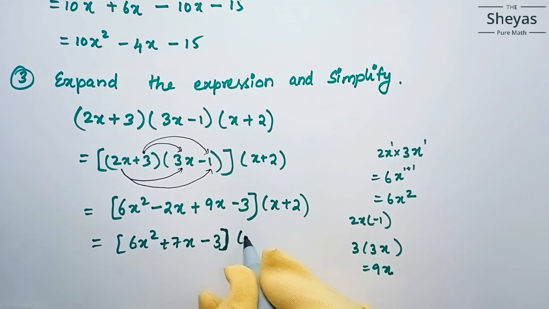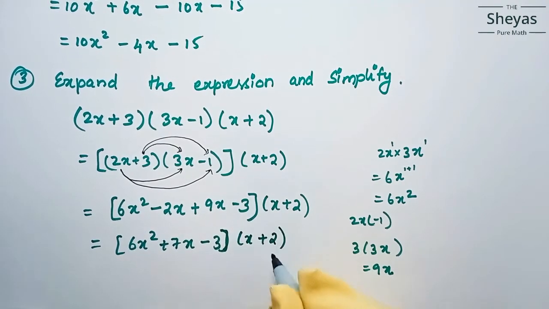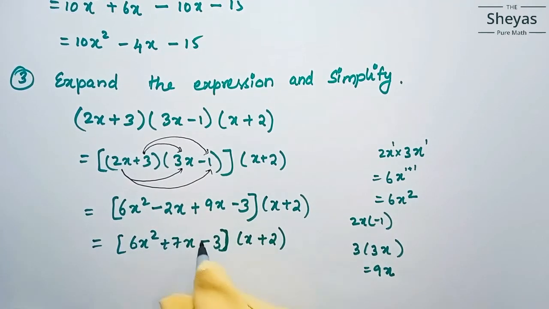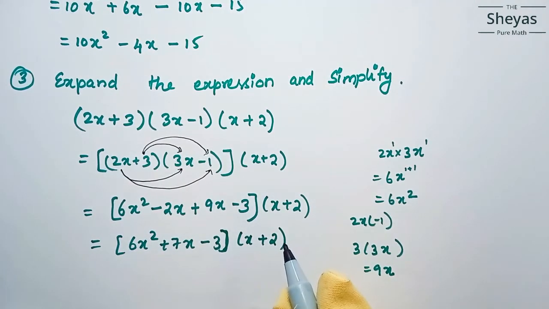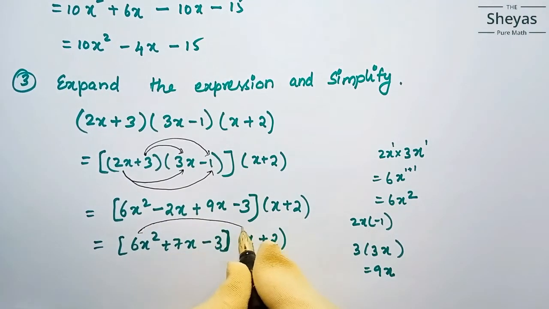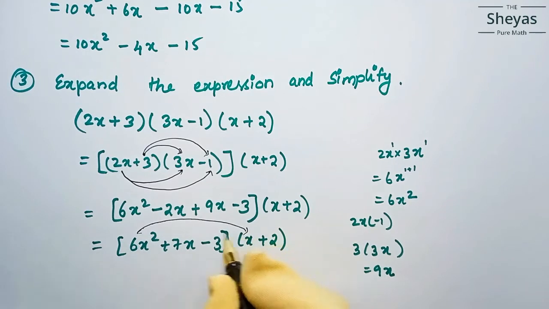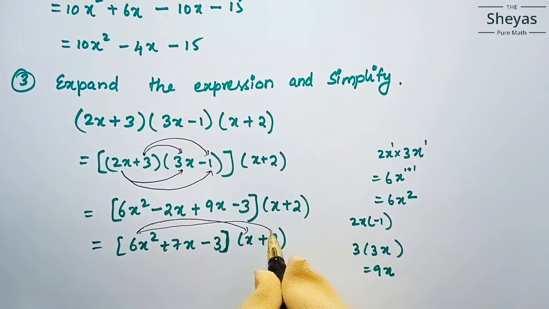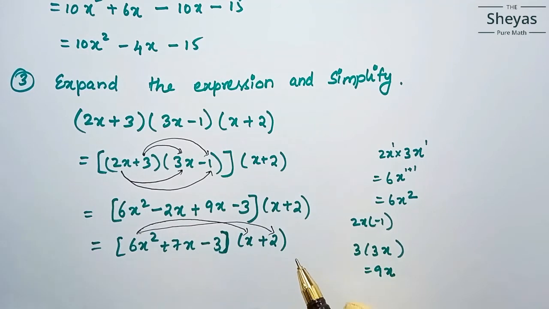Now into x plus 2. Now the same thing you have to do again. You have to expand this expression, so you have to multiply this term with this. How do you multiply 6x square with x, then again 6x square with 2?